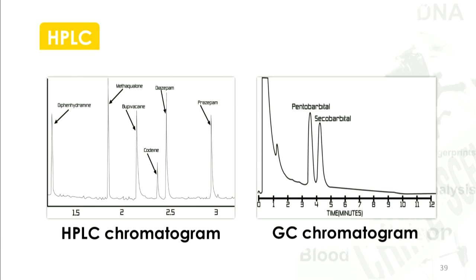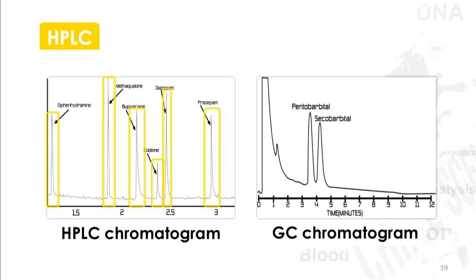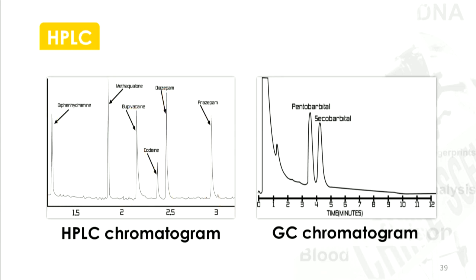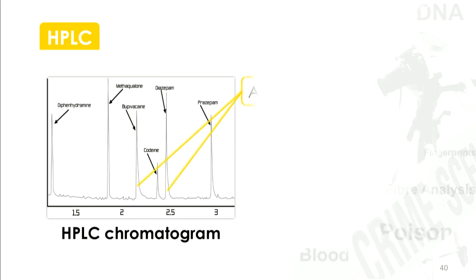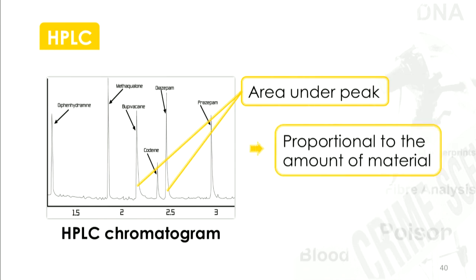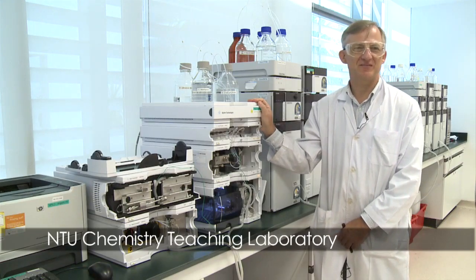And you can see from this chromatogram that HPLC tends to give well-resolved, sharp peaks, so you can easily separate and resolve many different compounds. Just like GC, HPLC can also be quantified. So the area under the peak for a particular component, once again, is proportional to the amount of that component present in the mixture.